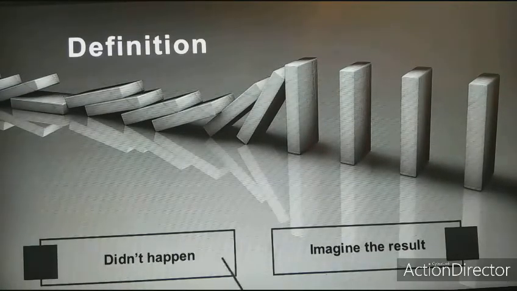The first part establishes the situation in the past that didn't happen, and in the second part we imagine a possible result of that first situation. The good thing about the third conditional is that we can play with any possible result that this first situation can give us.